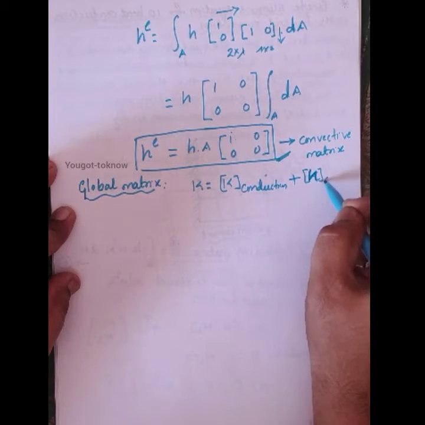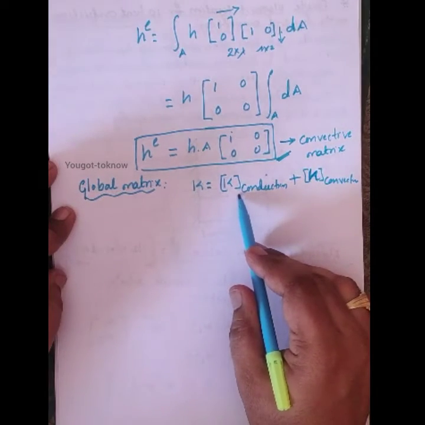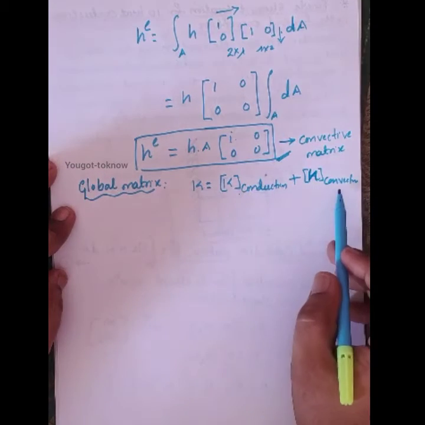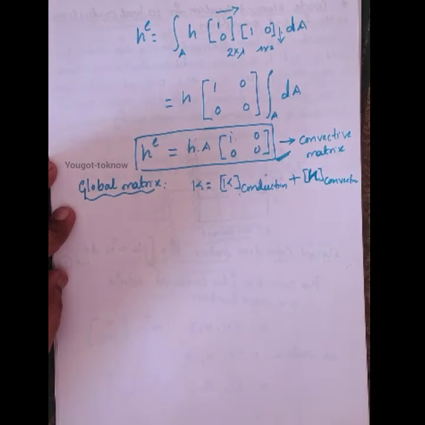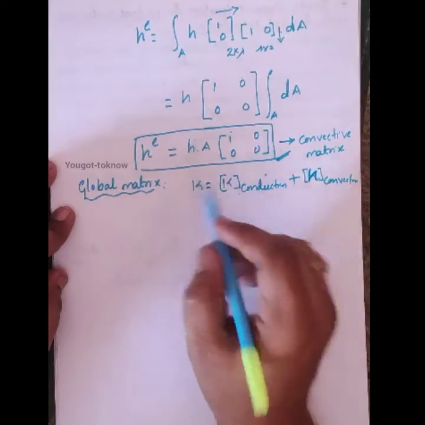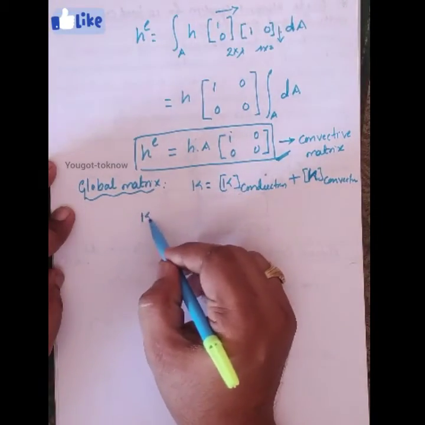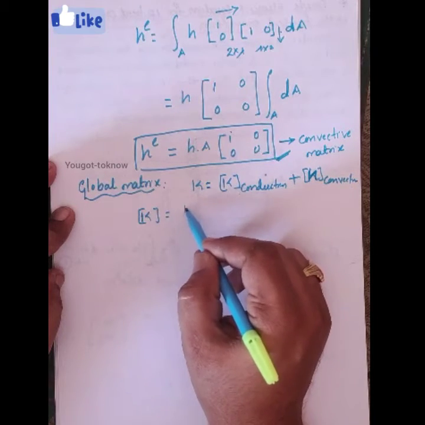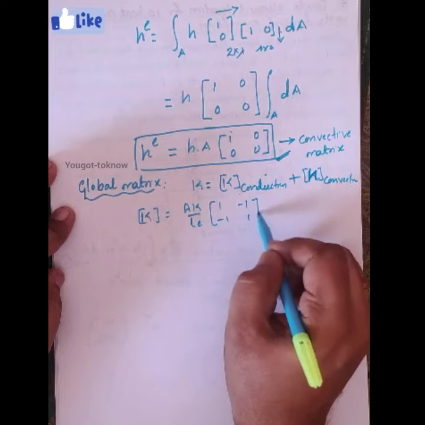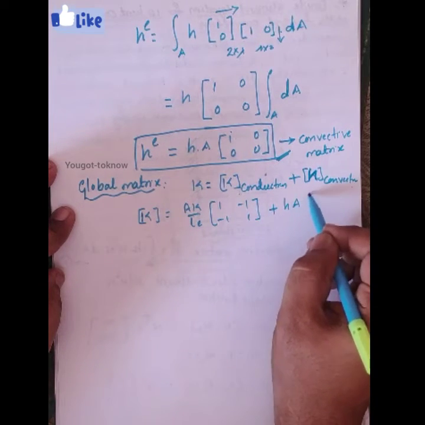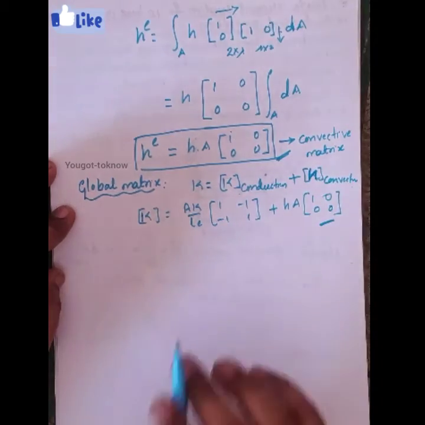That means it is the global conduction matrix plus the global convection matrix. You should use it; that is what your global matrix means. Got it? Be careful about this. In a simple manner, it is A K divided by L^e times [1, -1; -1, 1] plus H A times [1, 0; 0, 0]. This is your global matrix K.